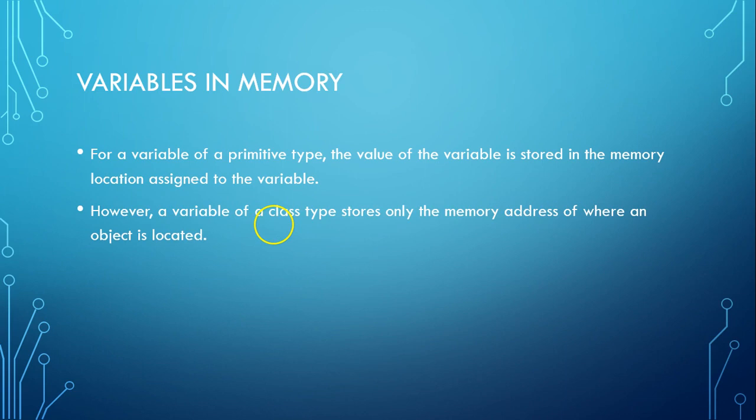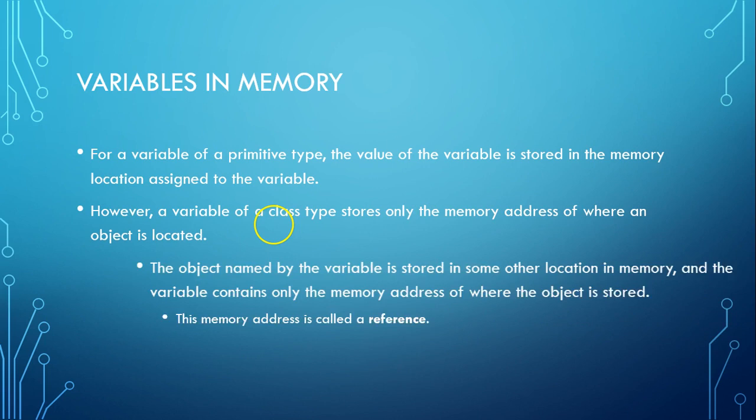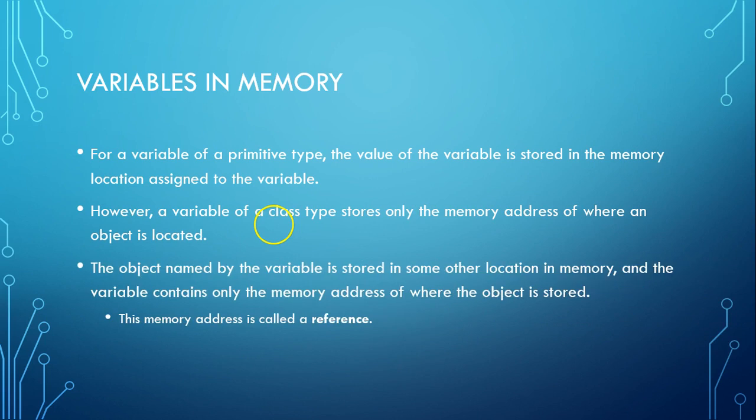However, a variable of a class type stores only the memory address of where an object is located. The object named by the variable is stored in some other memory location, and the variable contains only the memory address of where the object is stored. This memory address is called a reference.